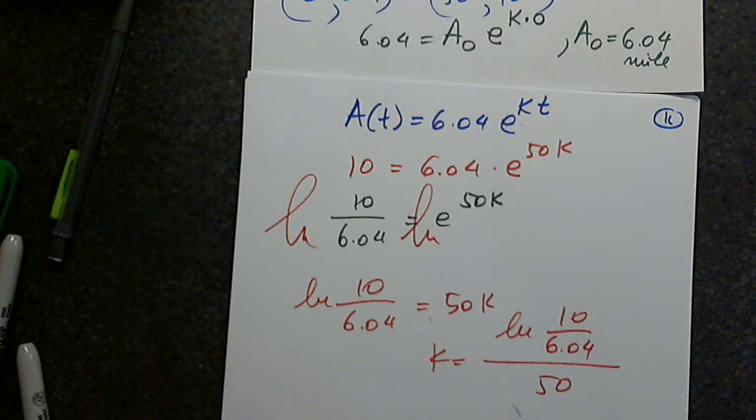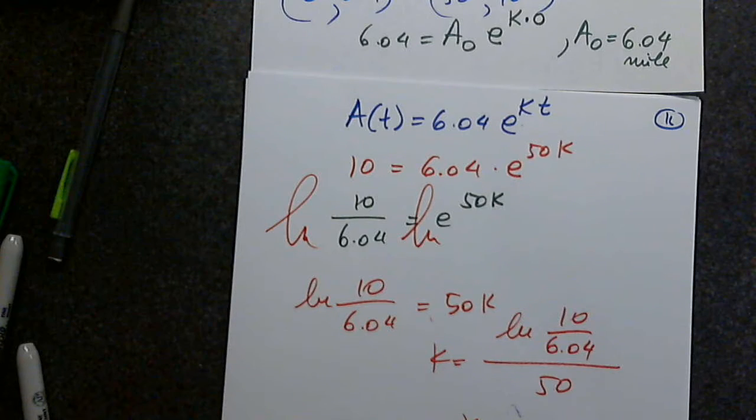Close the parenthesis and divide by 50. Since there is only one number, I don't need to put parentheses in the denominator. So 0.0100. When we determine these rates, we have to use 4 decimal digits, and we have to round up in this case, 0.0101. So k is approximately 0.0101.